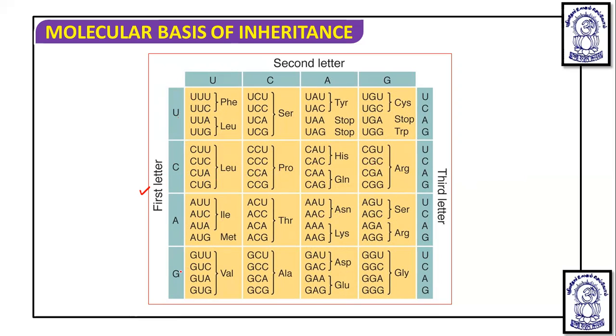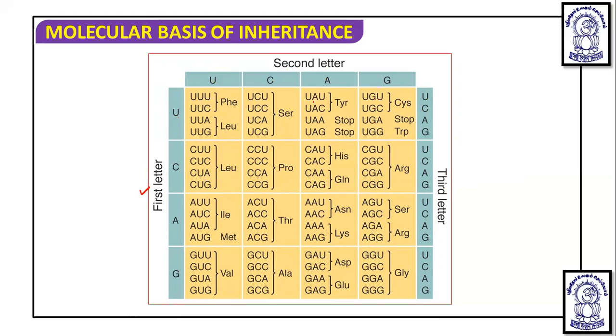Here A is the first letter and here G is the first letter. In the same way, on the second position, you will see U in this column, C in this column, A in the third column, and G in the fourth column. And the third letter will be U, C, A, G.